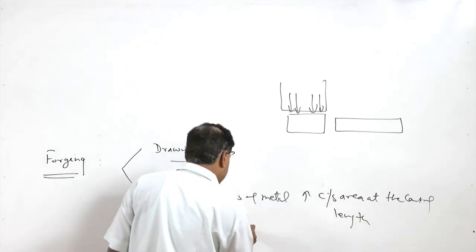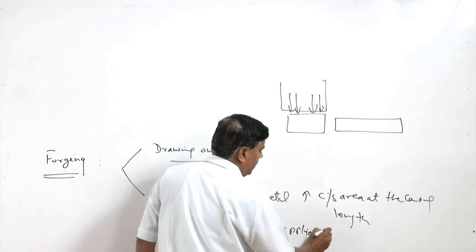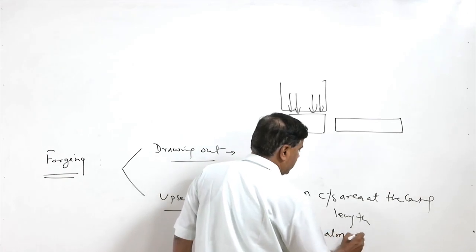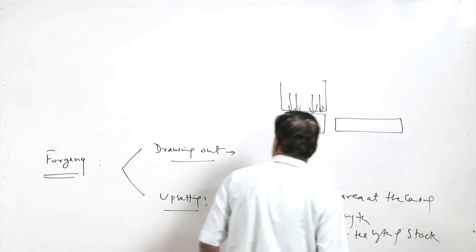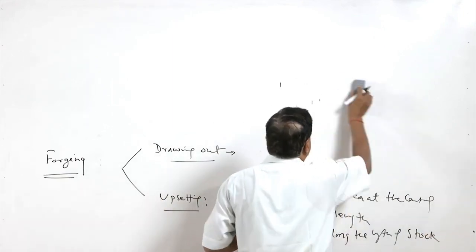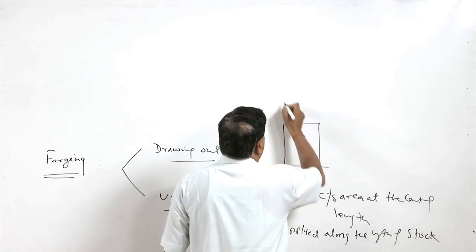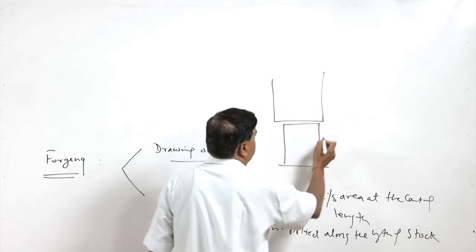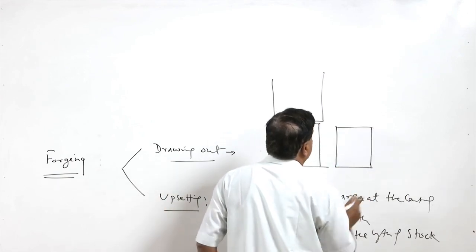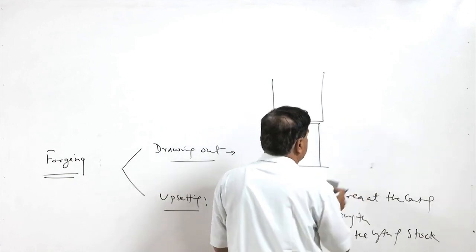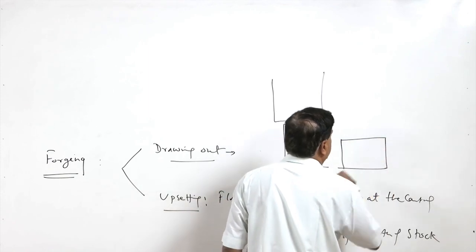Another thing is that the force is applied along the length of the stock or the job. To understand this, if the job is like this in the beginning, with the application of force the length is reduced in this manner and an increase in diameter takes place. So, we can write this as a significant reduction in length and increase in diameter.